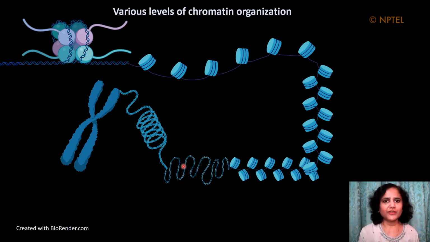Now in mitotic chromosomes, these loops are formed, and then the loops themselves are further folded to produce these condensed rod-like metaphase chromosomes. This process also requires an important family of non-histone proteins such as the SMC, the structural maintenance of chromosomes protein complexes.